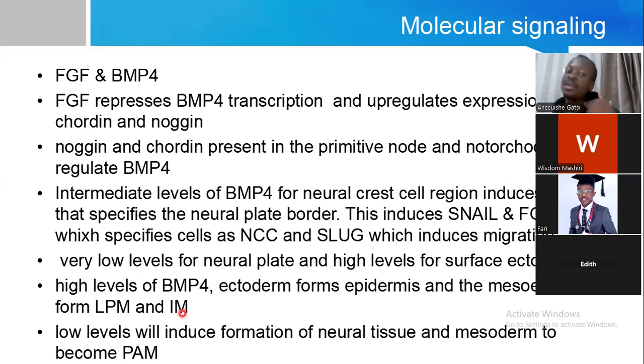The low levels, which we said cause specification of the neural plate region, are also going to induce the other part of mesoderm to become paraxial mesoderm. So the take-home message is that BMP4 is not only going to regulate the structures of the ectoderm, but it is also going to regulate what's happening in the mesoderm.